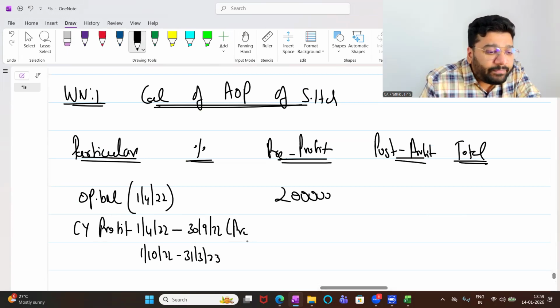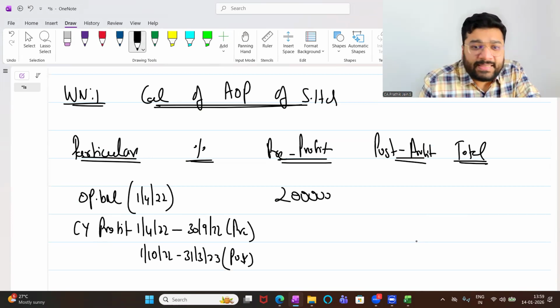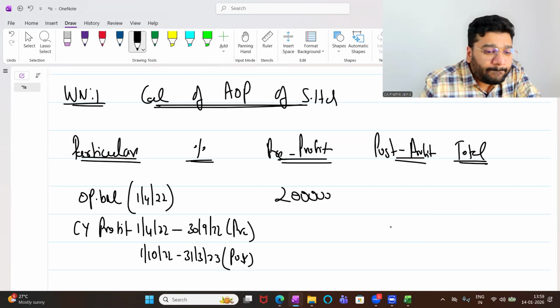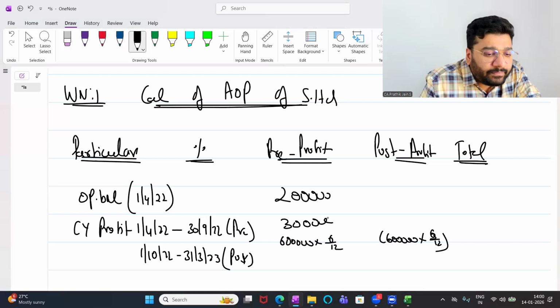This will go to pre and this will go to post. What is the total? 6 lakh. 6 lakh into 6 by 12 is 3 lakh, and 6 lakh into 6 by 12 is 3 lakh. So it is 3 lakh here and 3 lakh here.